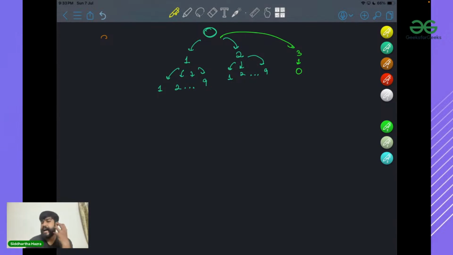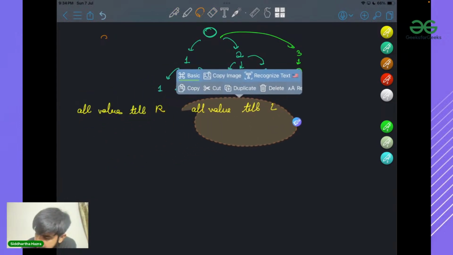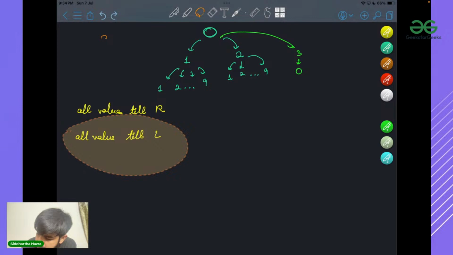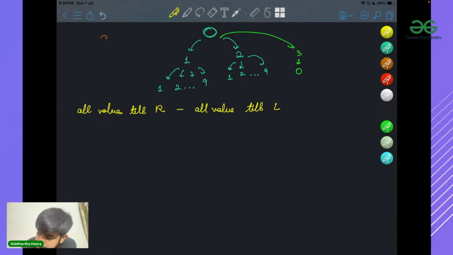The solution that I am trying to build is, I would first find all the values till R, and I would also find all the values till L, and then subtract the two. That subtraction would be my answer.